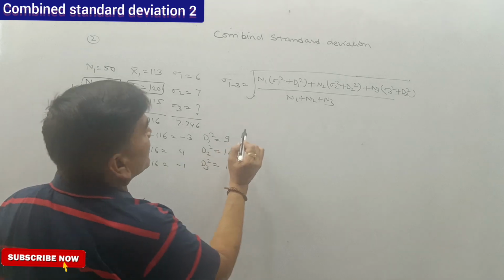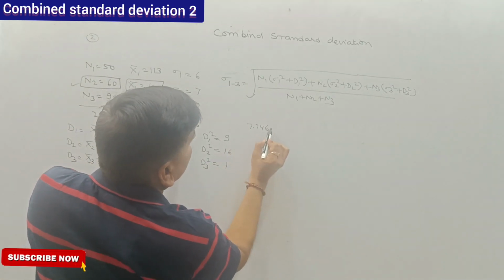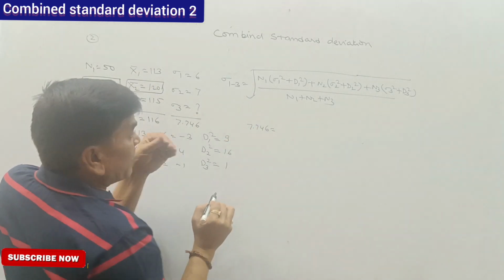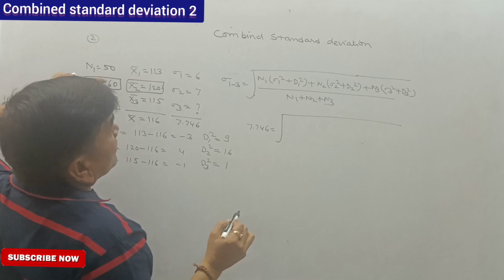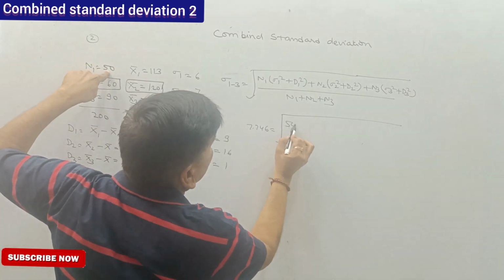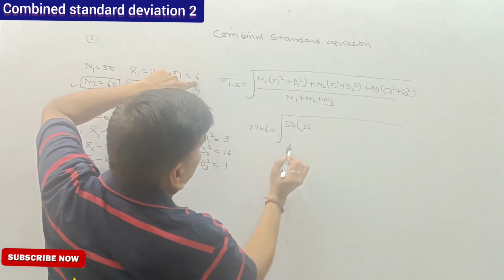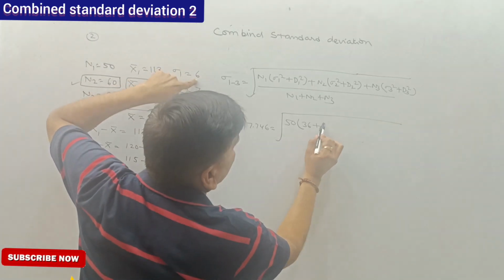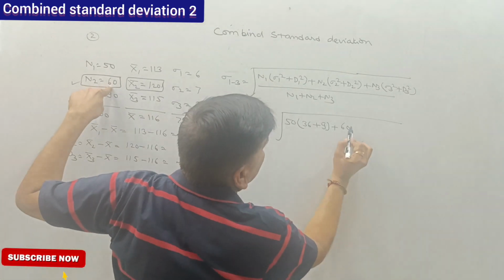So we will put the values. This is given 7.746, the combined standard deviation. N1 is 50. Standard deviation 1 squared is 36, d1 square is 9. Value of N2 is 60.